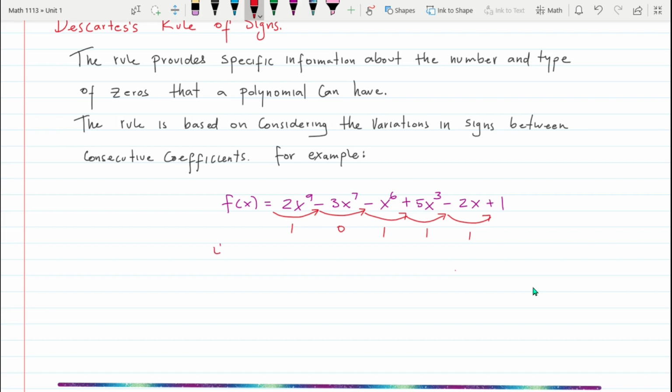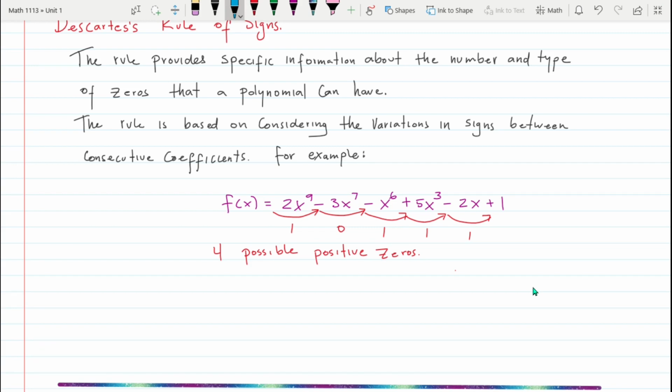So we write down that we can have 4 possible positive zeros. Now, why is it the positive ones? Well, whenever you start the problem, you're going to just use the original polynomial without making any changes to it, and that's how you find the positive zeros of it. Now, the rule also says minus a positive even number, so that means take away 2 from the number of possibilities.